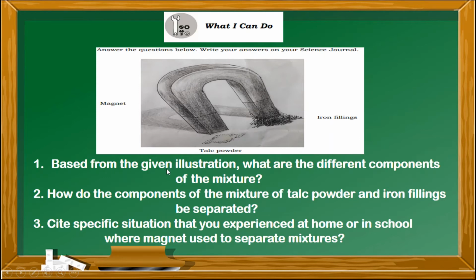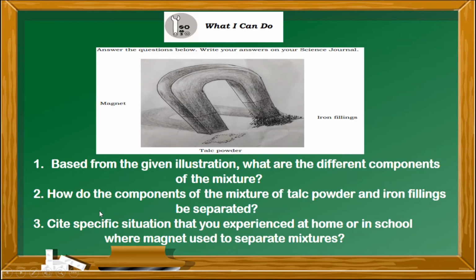Okay, based from the given illustration, what are the different components of the mixture? What do you see in the illustration, what are the different components of the mixture that we can see here? The components are iron fillings and talc powder.